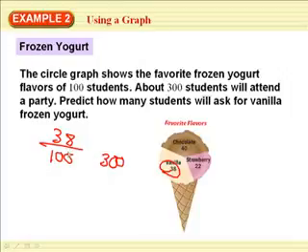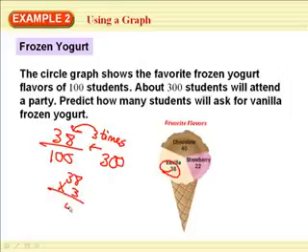You can say, hey, 38 out of 100, 300 is this 3 times. So take 3 times 38. That would be 114.